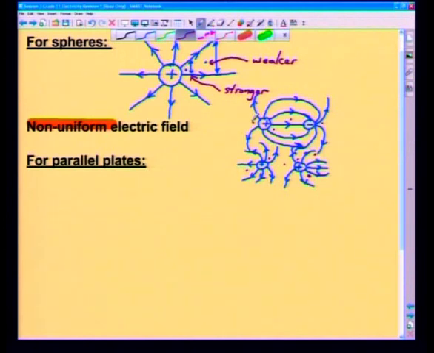But then let's look at what happens when we have parallel plates. Let's see what happens to the field lines or the field between parallel plates.